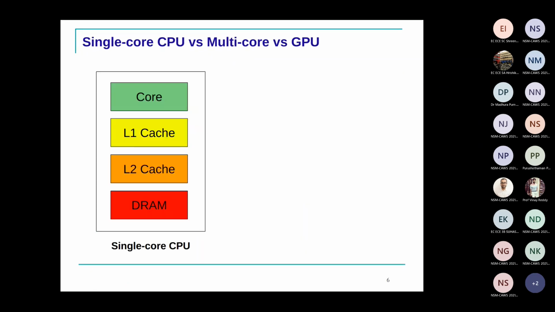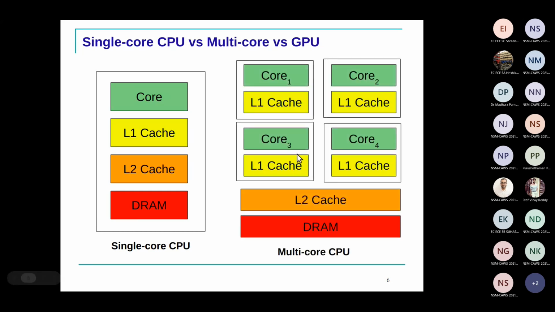So let's try to understand how GPUs differ from single core CPUs and multi-core CPUs in terms of computer architecture. In the traditional single core CPU processor, you have a processing core, then multiple levels of caches, and then a DRAM hierarchy. In multi-core processors, you have a set of processing cores, typically fewer in number, maybe on the order of tens, or less than 100.